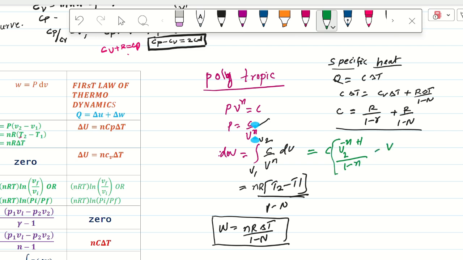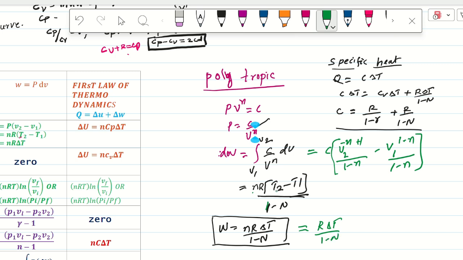As in the adiabatic process, the same thing here: P2V2 and P1V1 will come. So that is nR(T2 minus T1) by (1 minus n). For n moles of gas, work done equals nR delta T by (1 minus n). For 1 mole of gas, it equals R delta T by (1 minus n).